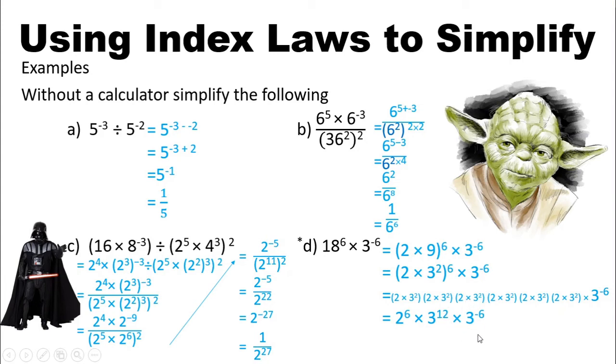Now we've got two terms here which we can use index laws on. The first term has got a different base, so it's just going to stay as 2 to the power of 6. But the last two terms will use the multiplication law, which means add the indices. 12 plus negative 6. That's 12 minus 6, which is 6. So our simplified answer is 2 to the power of 6 times 3 to the power of 6. And we'll just leave it like that.